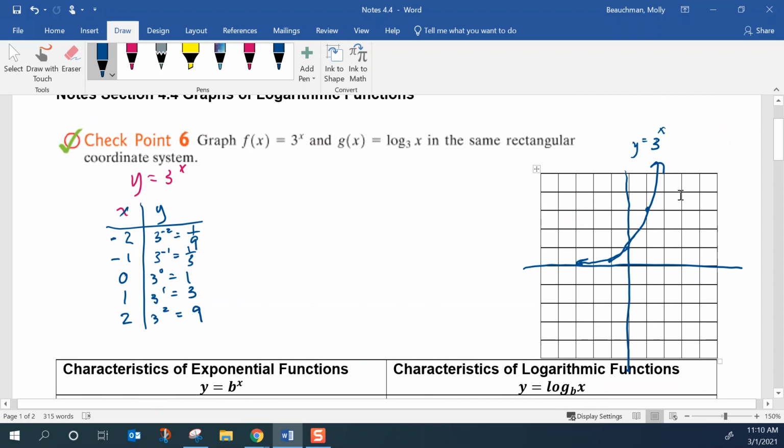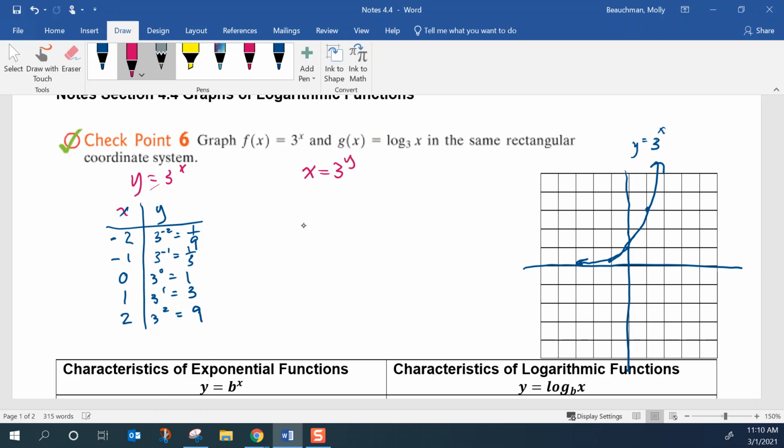So how is this related to the logarithmic function? Notice that these are one-to-one functions. Exponential functions are one-to-one. For every x there's a y, and for every y there's only one x. So if we take y equals 3 to the x and find the inverse of that, remember the inverse is interchanging x and y. x is equal to 3 to the power of y.